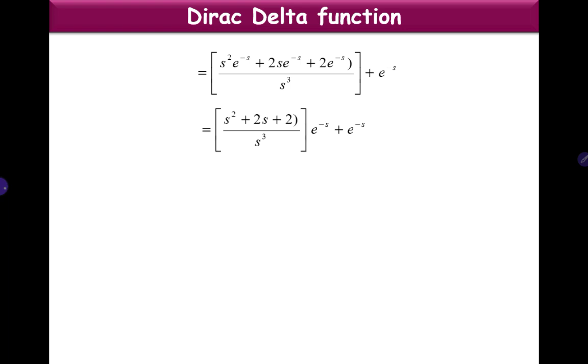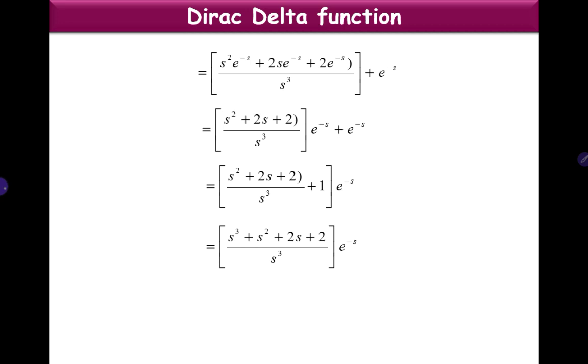Now by just simplifying this, we can write it as s square plus 2s plus 2 by s cube into e power minus s plus e power minus s. If we take out e power minus s common, that is s square plus 2s plus 2 by s cube plus 1 into e power minus s. Again simplifying, it is s cube plus s square plus 2s plus 2 by s cube into e power minus s. So this is the Laplace transform of the given function.